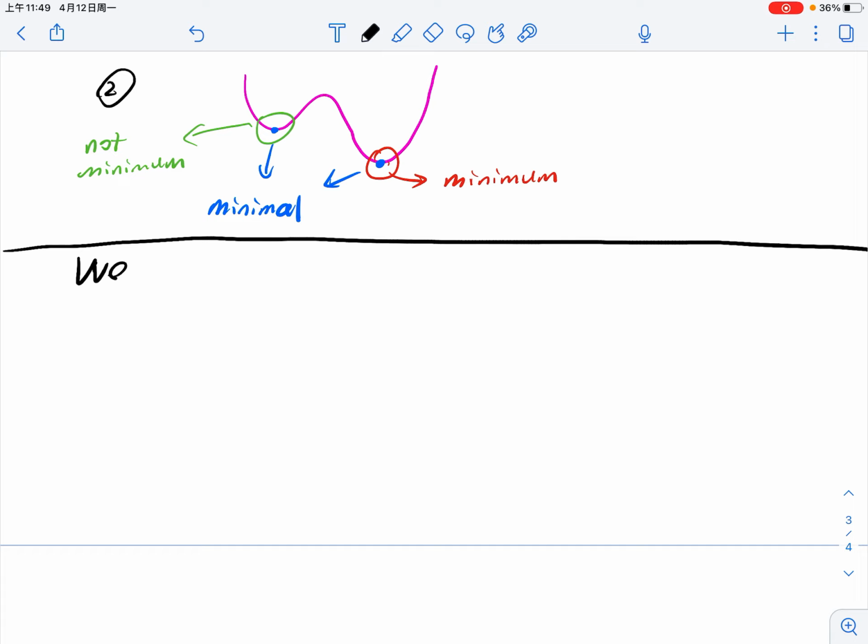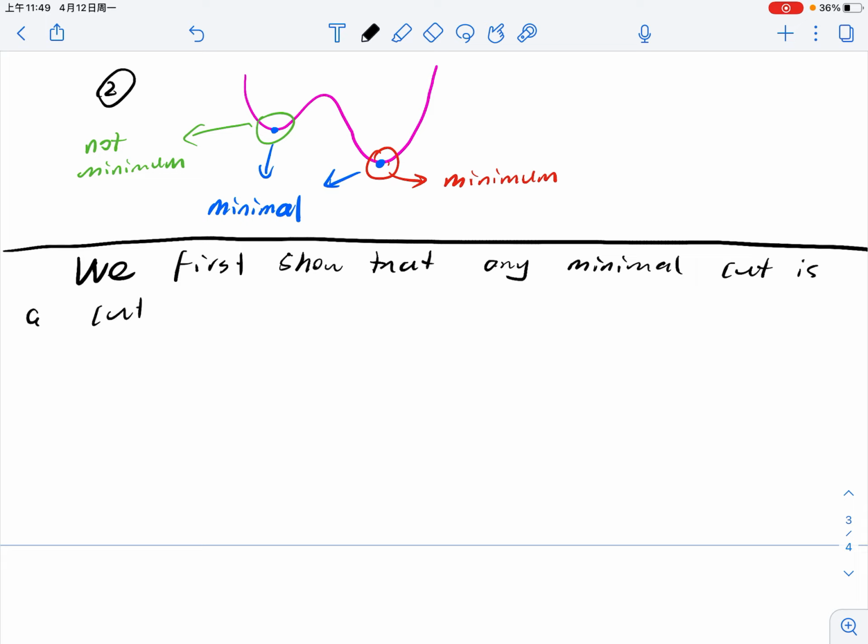So in the following, we first show that any minimal cut can be characterized by the leaving set.